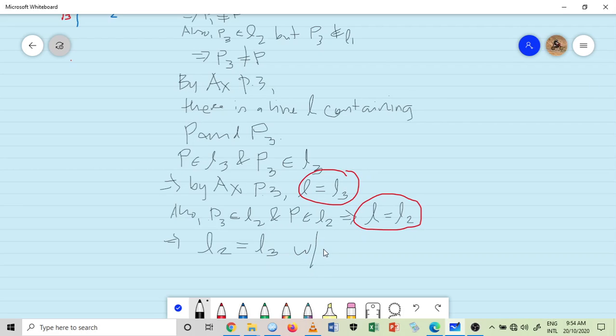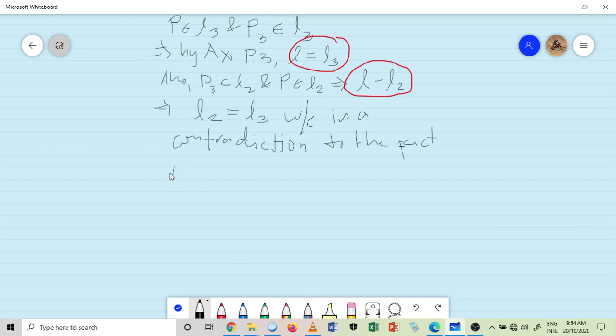So we say which is a contradiction to the fact that L2 and L3 are distinct.